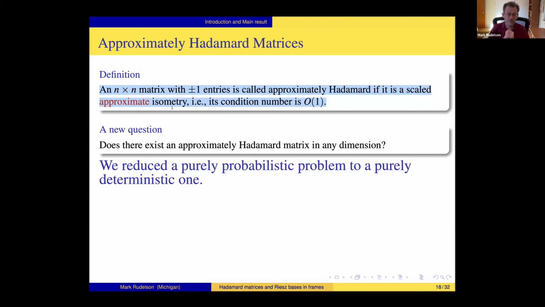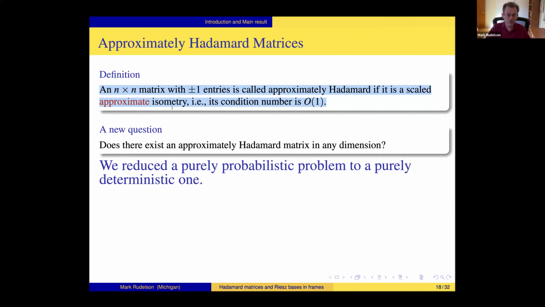So we reduced a purely probabilistic problem about square submatrices of rectangular random matrices to a purely deterministic one. Does there exist a plus minus 1 matrix with a bounded condition number?